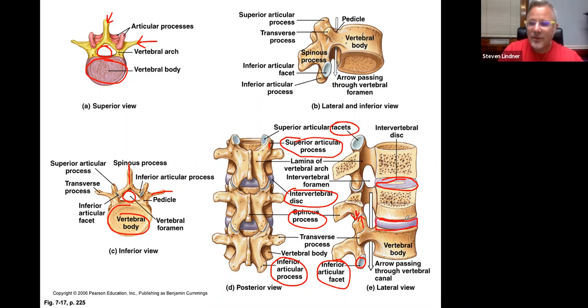If that intervertebral disc gets narrowed, then this hole called the intervertebral foramen, where the nerves come through, gets encroached or becomes narrow. If a disc pushes back this way and starts to compress the spinal cord, they call that spinal stenosis.